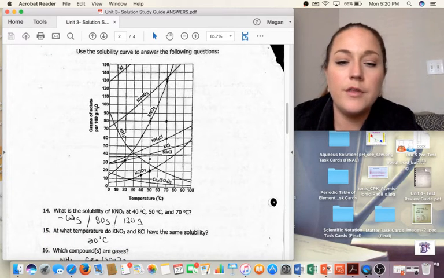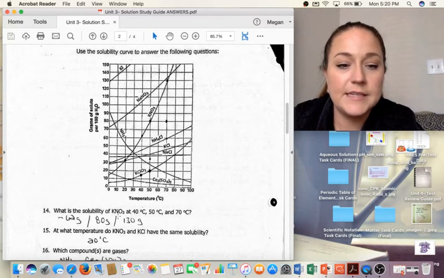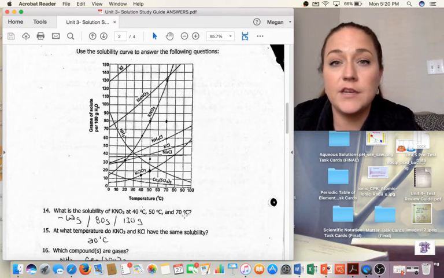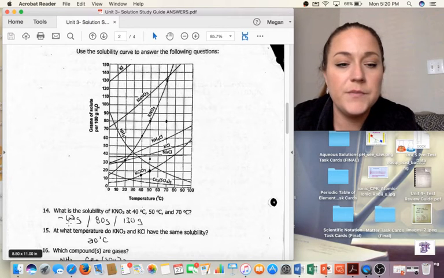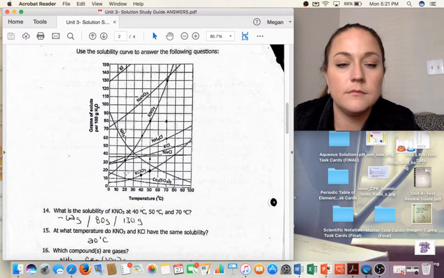So, all they're asking you in number 14 is, what's the solubility? What are the grams of potassium nitrate at 40 degrees Celsius, 50 degrees Celsius, and 70 degrees Celsius? So, 62 grams is going to be at 40 degrees Celsius because, 1, we are trying to find KNO3, which is this line right here.